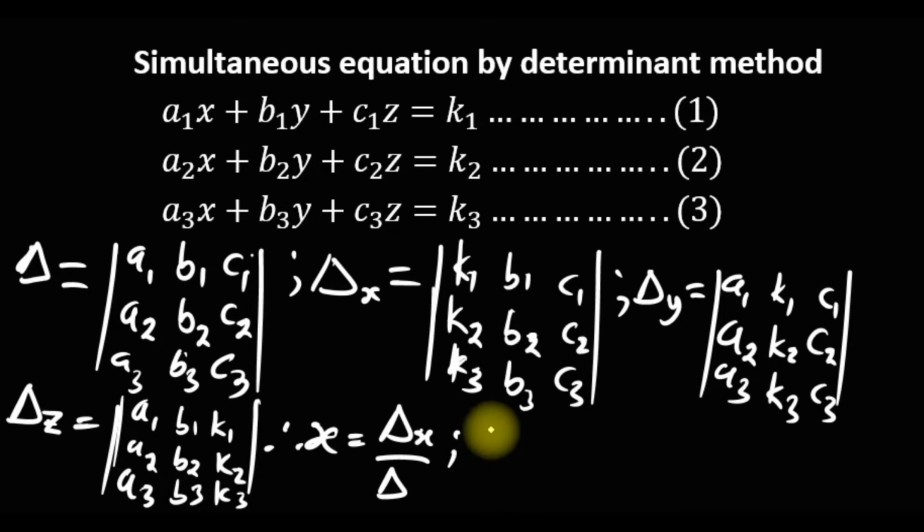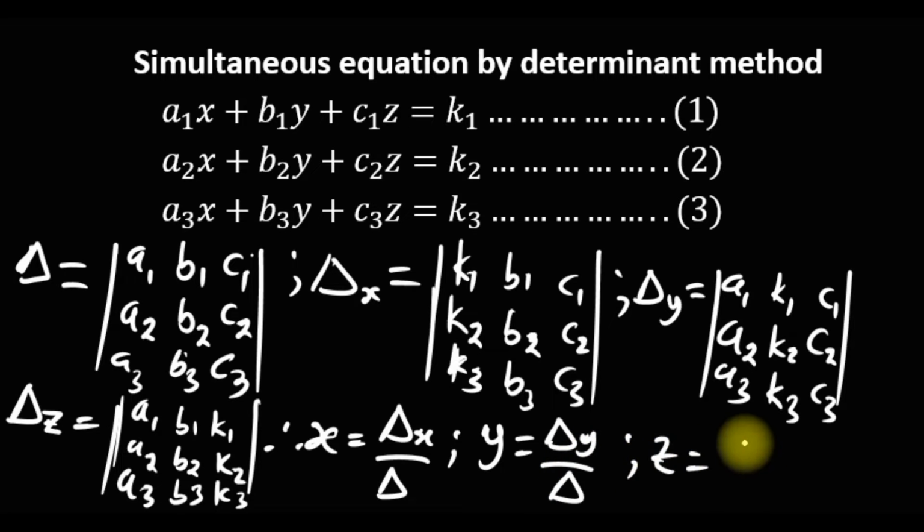So y is the determinant with subscript y over delta, and finally z is the determinant with subscript z over delta. Whenever you are given a system of equations, we form determinants like this, depending on the number of variables. If it's 5 variables, we need 5 equations; 4 variables, we need 4. So let's now solve an equation using the method.